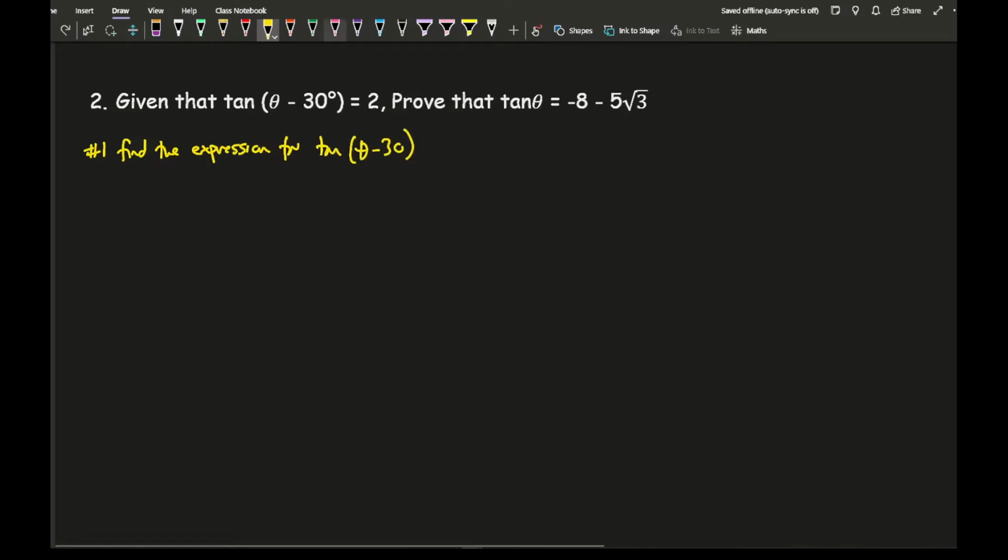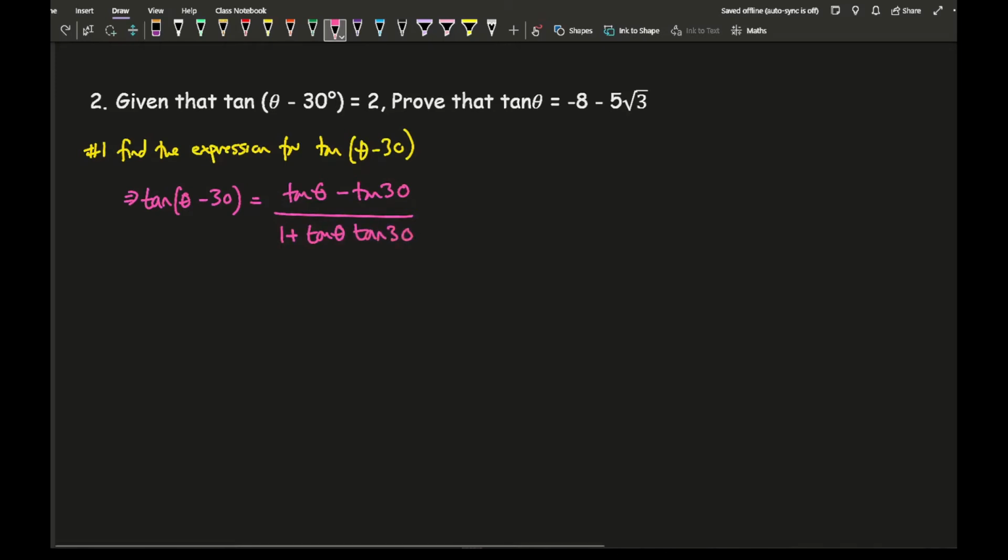Now again, using the trig identity for this compound angle, we know that tan (theta minus 30) is equal to tan theta minus tan 30 over 1 plus tan theta tan 30.